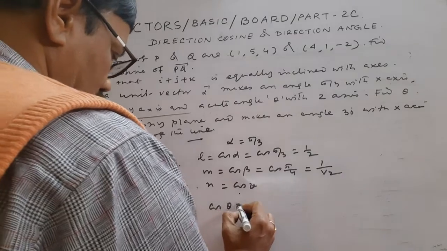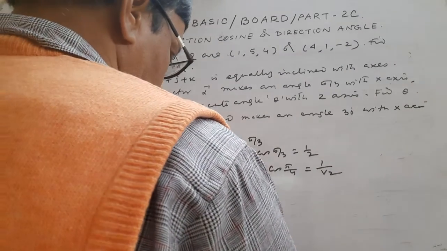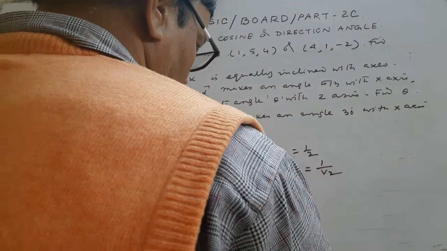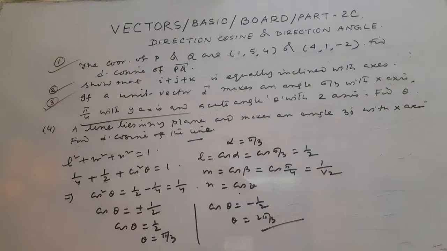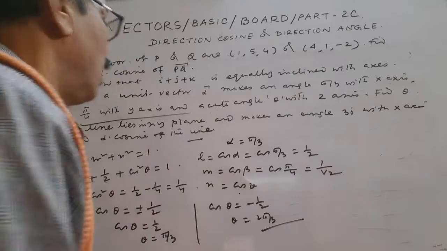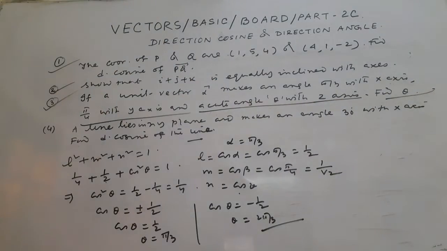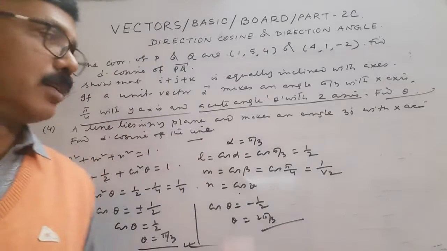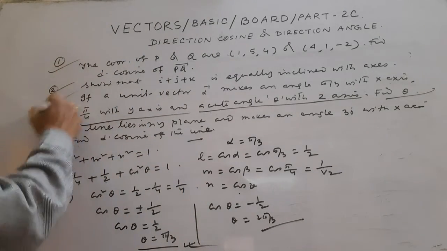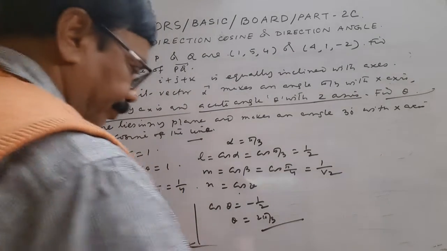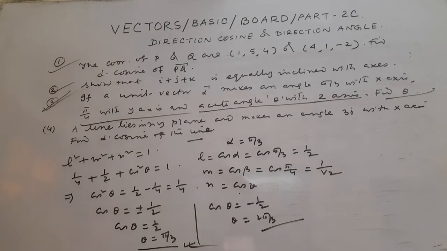If it is negative, theta equals 2 pi by 3, 120 degrees, because this is minus half. And you see the language, acute angle theta with the z-axis, find theta. So this one is an acute angle. So theta equals pi by 3. This is a most important problem. Now problem number 4.